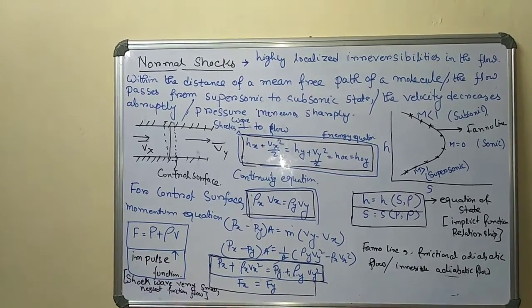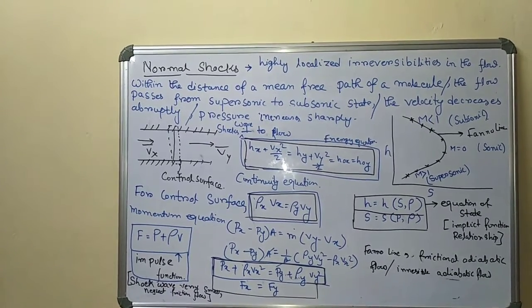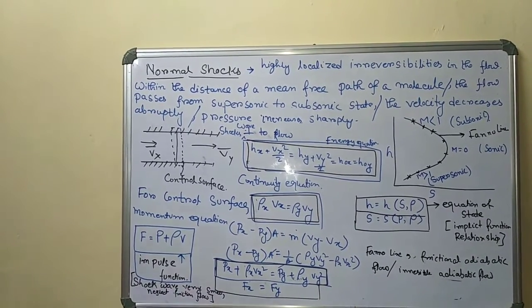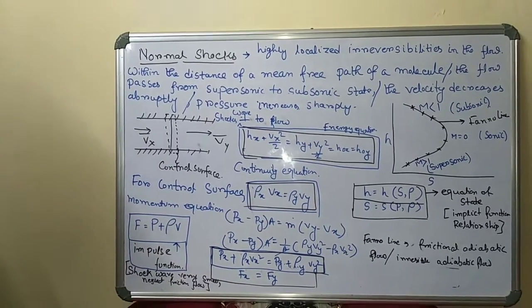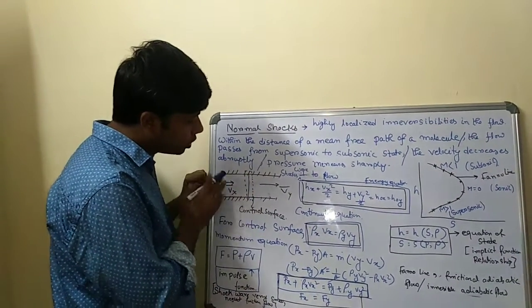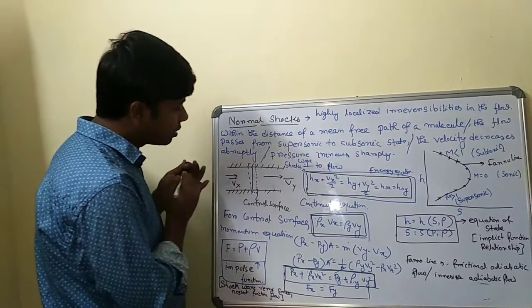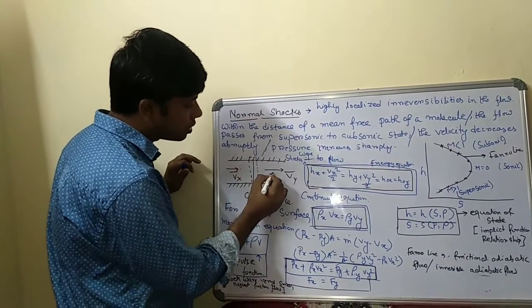We assume a discontinuity in the flow field between the upstream and the downstream. Suppose this is the upstream of the fluid flow through a channel, and this is the downstream.